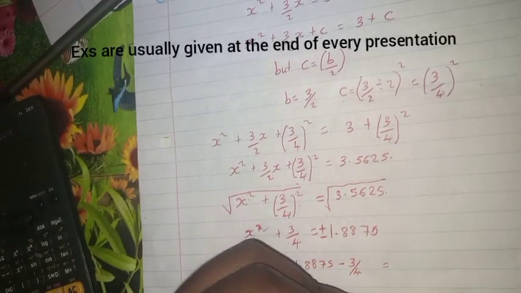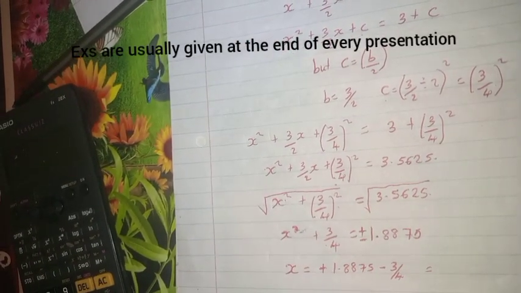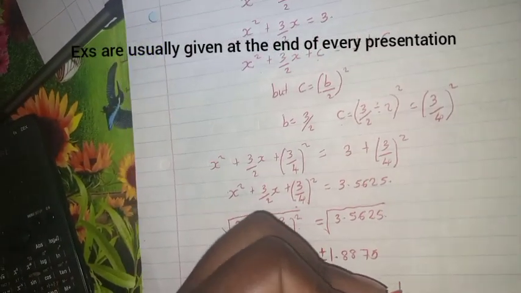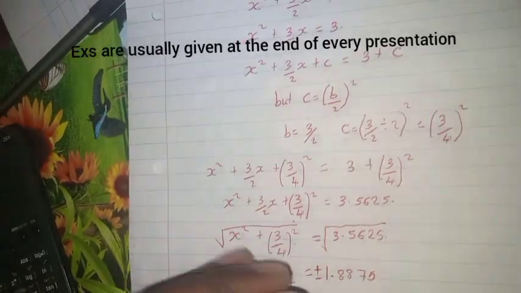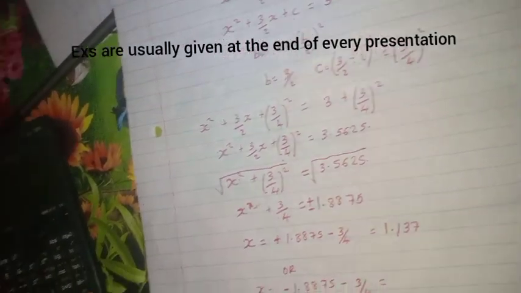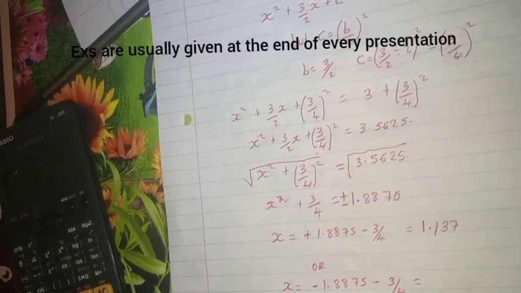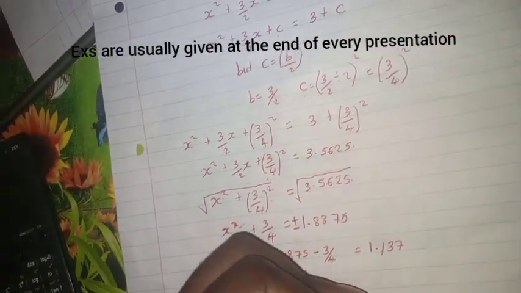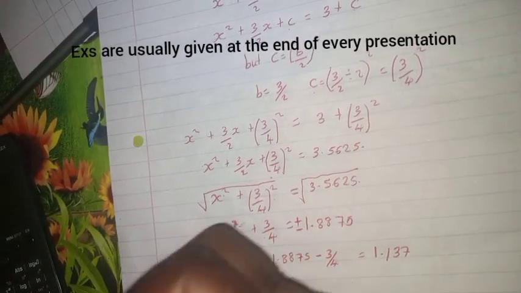For that reason, the values of x are, this one will give us 1.137, and the other one will give us minus 2.637.